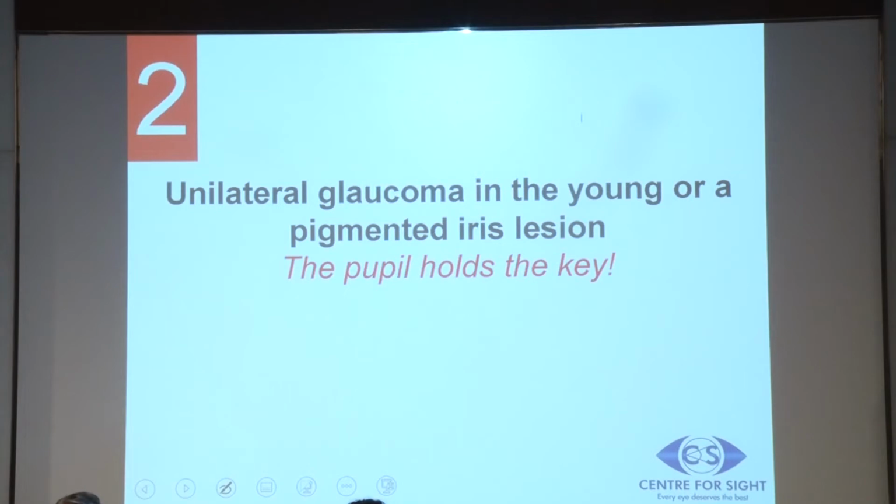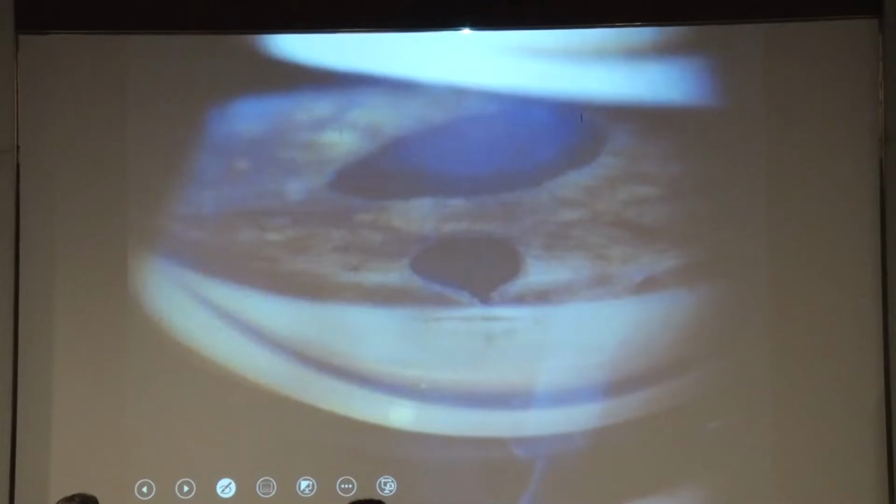Now the second tip is that in unilateral glaucoma in a young individual or a pigmented iris lesion, the pupil holds the key. You should look at the pupil very carefully. This is an example of a young adult who had unilateral glaucoma where somebody had done a trabeculectomy. You can see an internal ostium there and a very funny circular PI, but you see the pupil already.